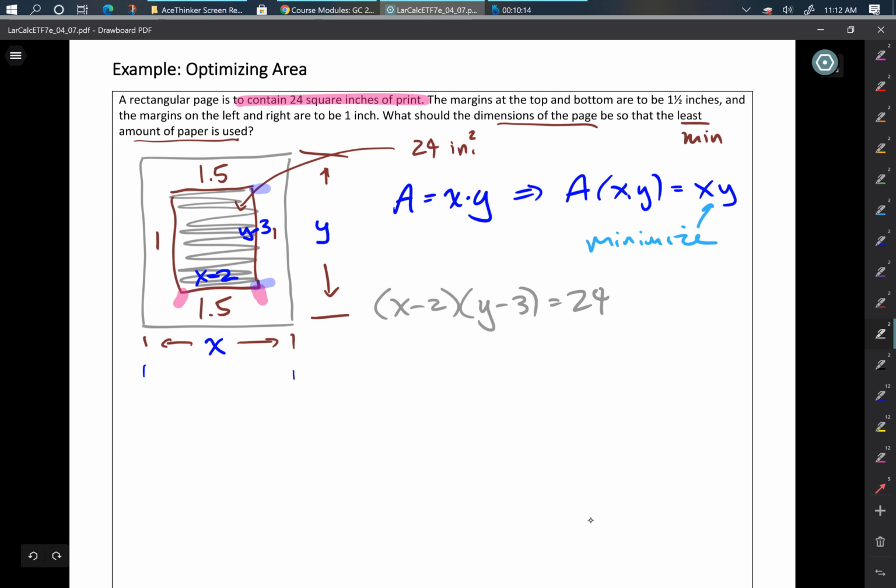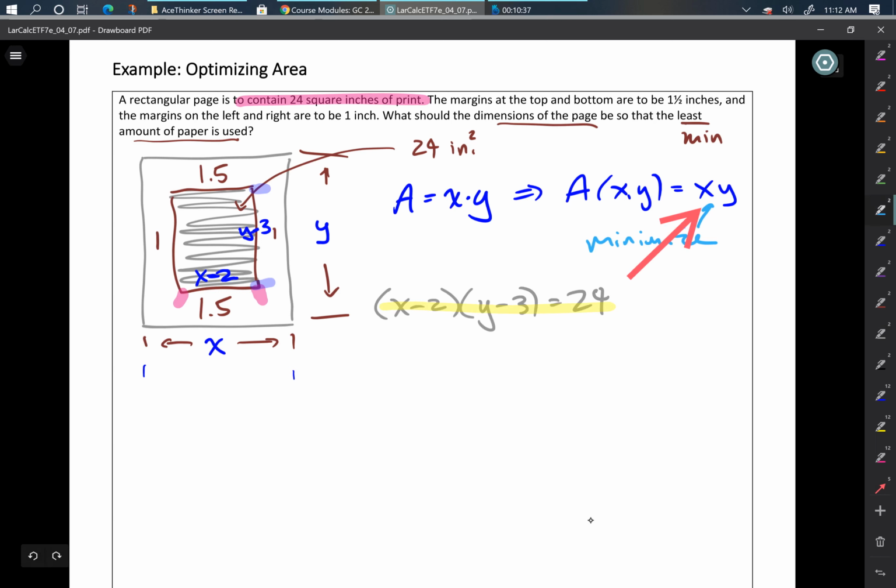And now I need to do a substitution using that equation over here to make that equation less ugly. Make it go from 2 variables down to 1 variable. This is going to be ugly to solve for x or for y. It's not going to give us something nice.